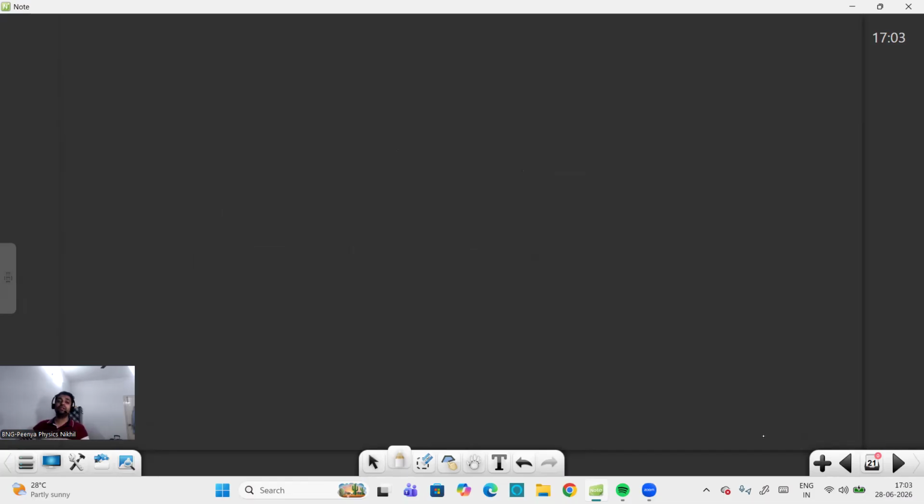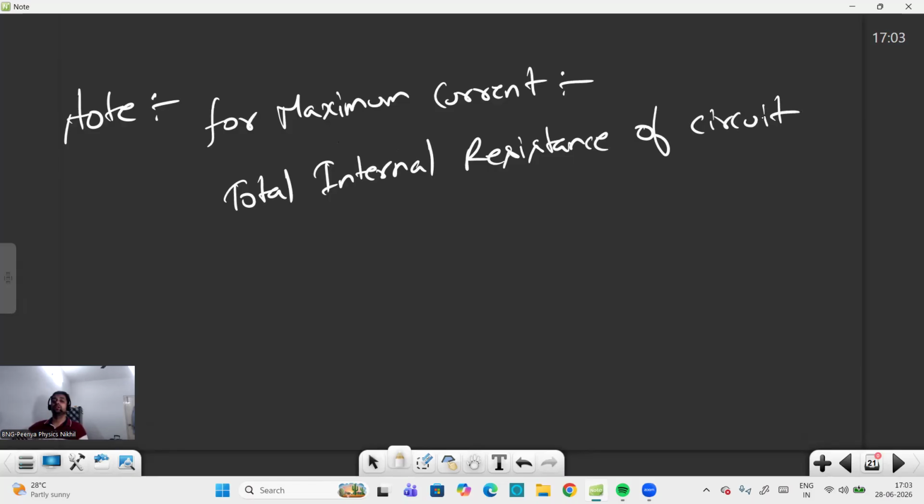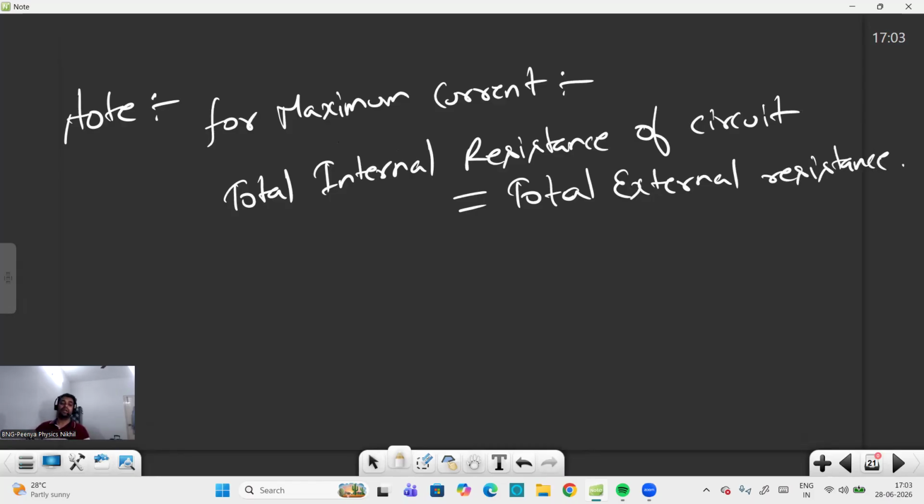So always keep in mind that for maximum current in any mixed grouping or parallel grouping, one condition we always have to follow: the total internal resistance of the circuit equals the total external resistance. Correct?